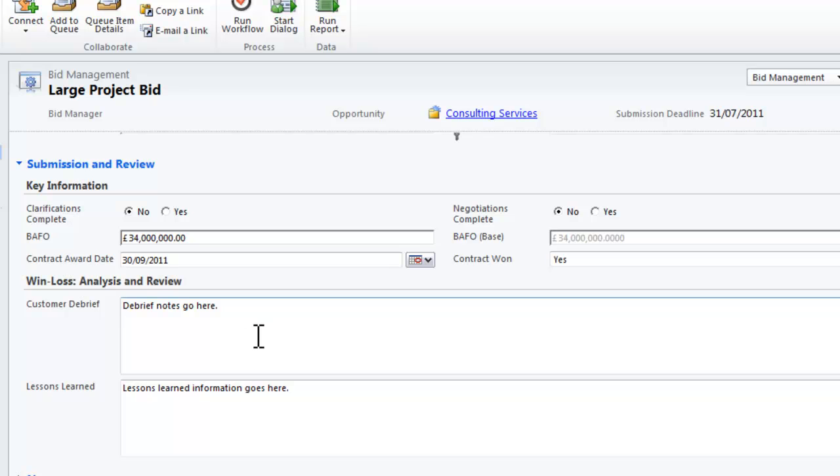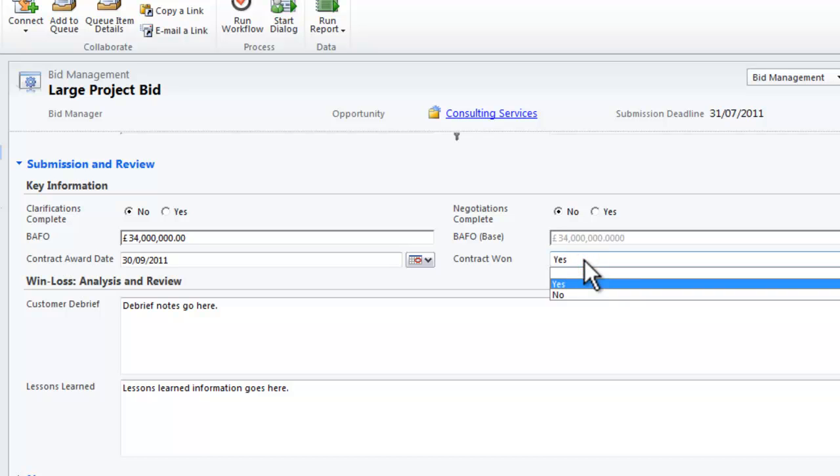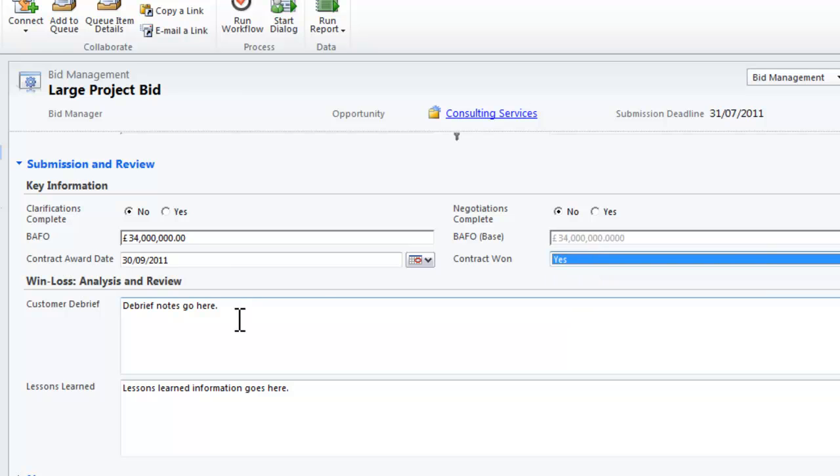There may be some negotiations that you need to go through, and the contract award is tracked right the way through to the contract win or loss. And there is some win-loss facility here, so if you are successful or otherwise, at least you can get some kind of customer debrief notes or indeed lessons learned.